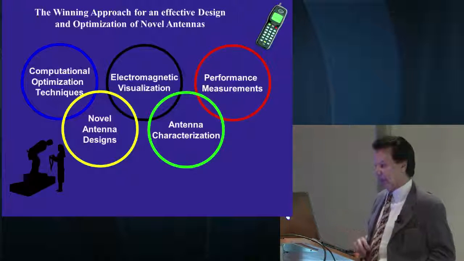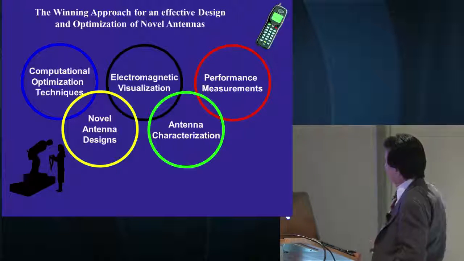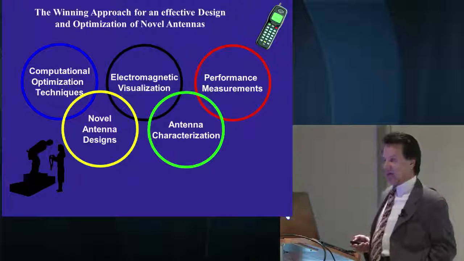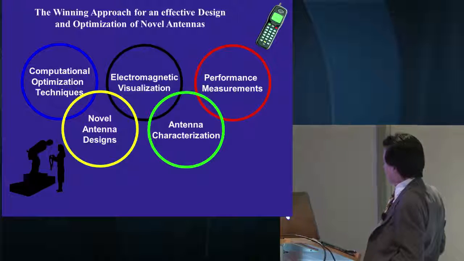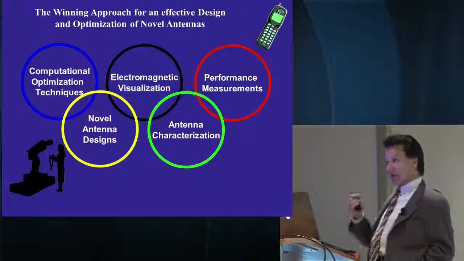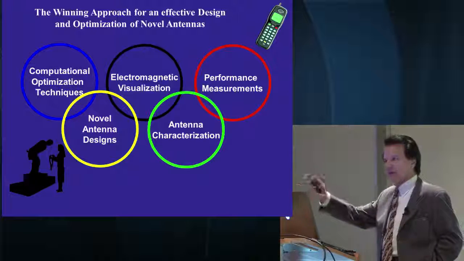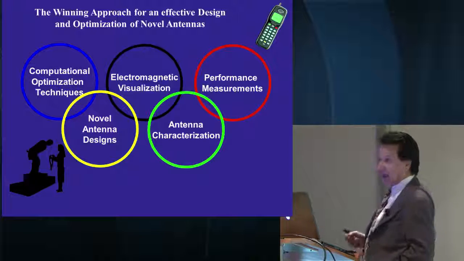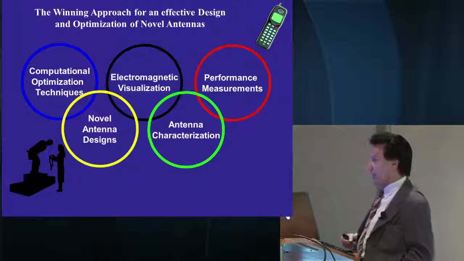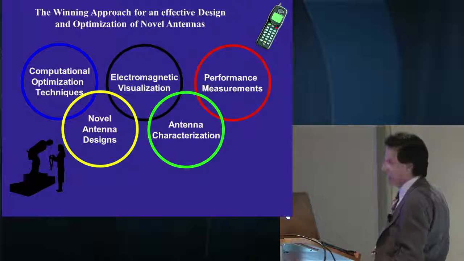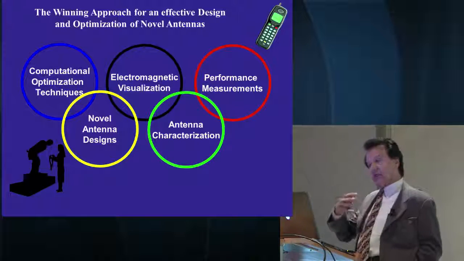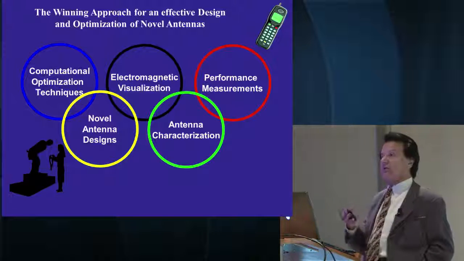Okay. So the winning approach for an effective design and optimization of novel antennas, I'll put them in some kind of Olympic rings for you, 5 of them. Nowadays, because of the power of computational and optimization techniques, there are people, vendors in this conference, it allows you to do a lot more than we did in the past. Electromagnetic visualization has brought a new paradigm for us to understand what is going on.